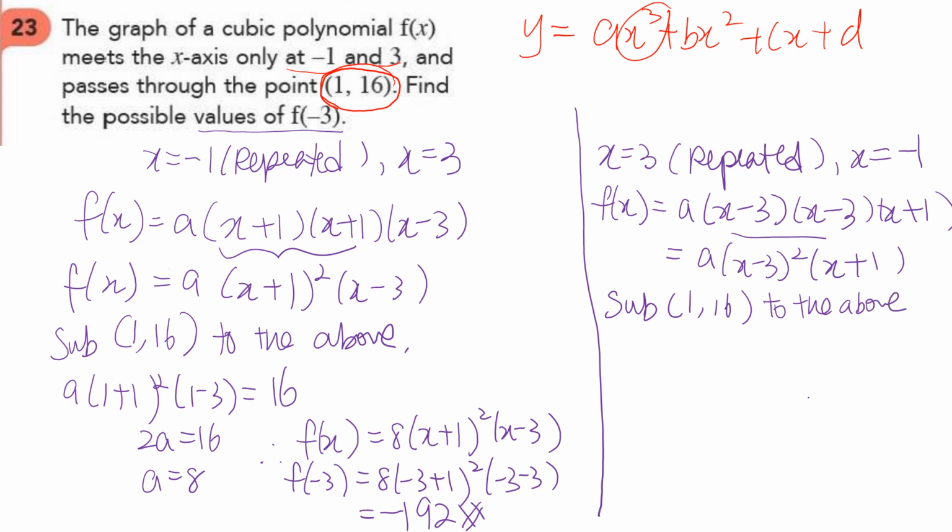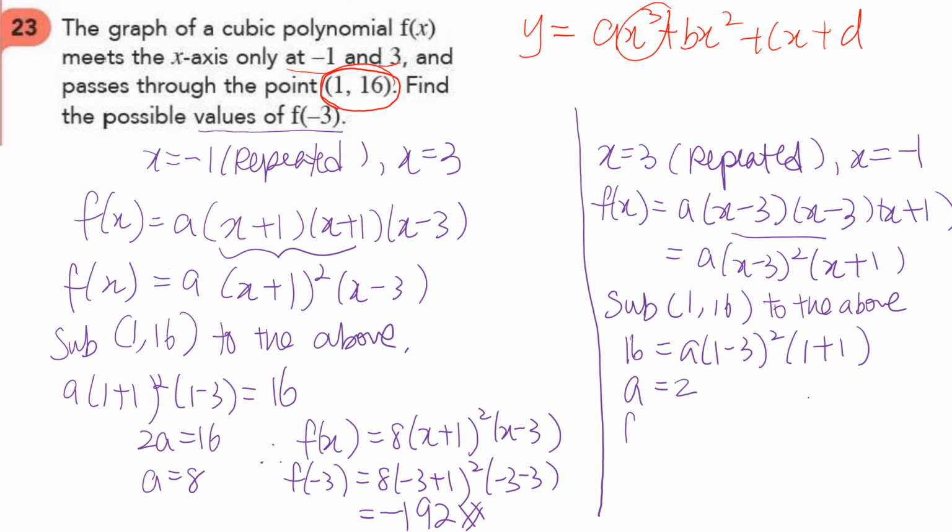So this is quite an interesting question. When x is 1, f of 1 is 16. The y coordinate is 16. So a will be 16 divided by bracket 1 minus 3 squared, followed by 2. A will be 2.